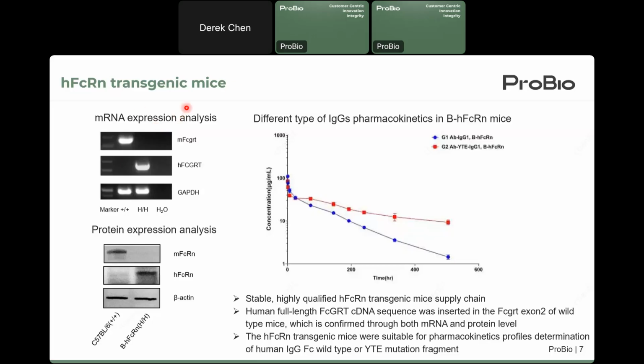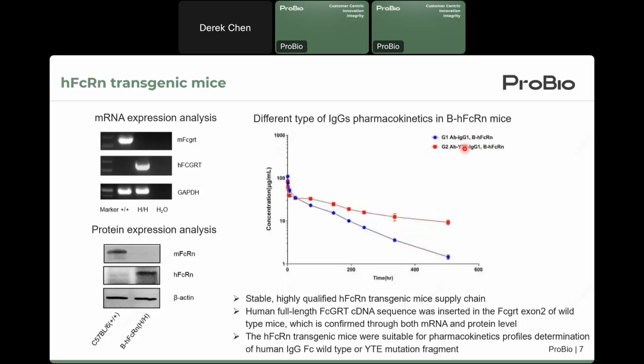In this human FcRn transgenic mouse model, expression of human FcRn is first confirmed at mRNA and protein levels. This model is particularly useful when it comes to PK profiling with Fc mutations that are supposed to extend half-life, such as the YTE triple mutations.